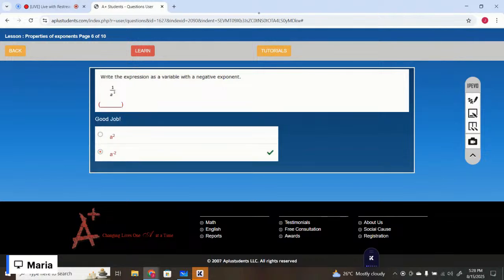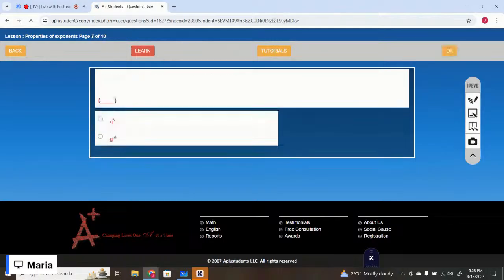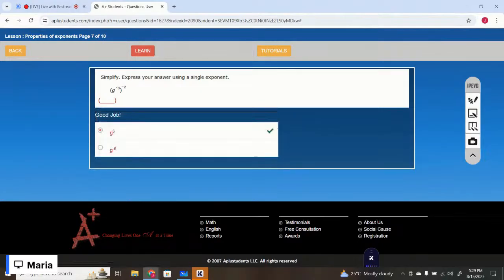Option number 2 is the correct option. Next, g exponent negative 3 exponent negative 2. So which is the correct option? That is g exponent 6. Option number 1 is the correct option.